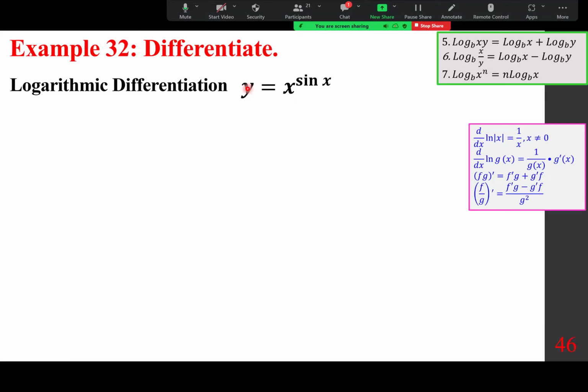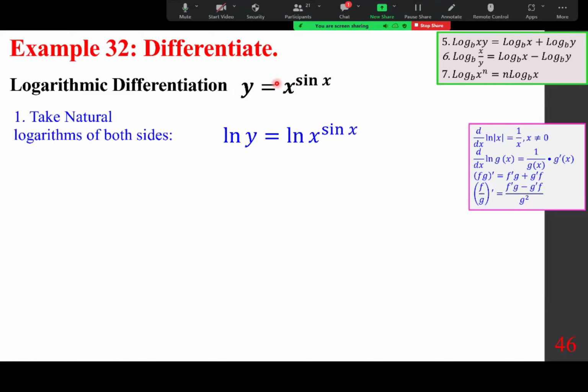So if I take the natural log of the left side, it is ln y. And this one, ln of x to the power of sine x, sine x sits in front and becomes the coefficient, okay?